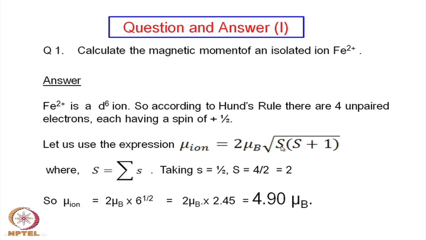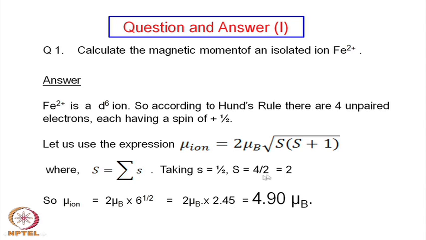If S becomes 2, then just substitute this value in this expression, and you will get the mu of the ion, the magnetic moment of that particular ion, which is Fe2+. So, 2 Bohr magneton into root over 6, or 6 to the power half, which is 2.45, and 2 times that gives 4.9.